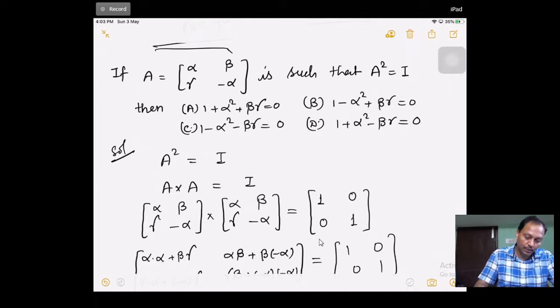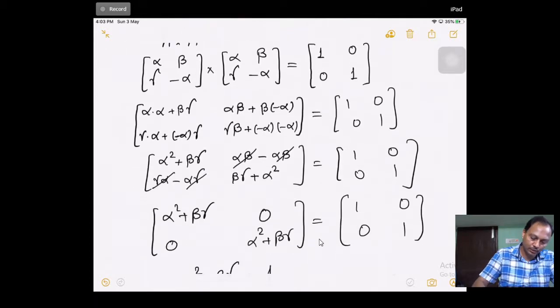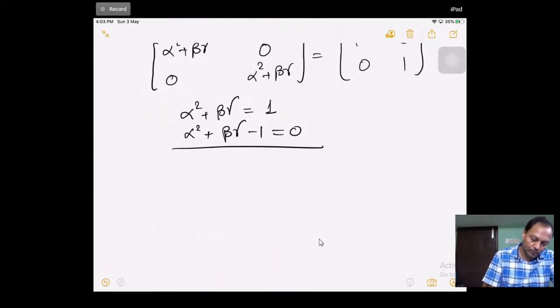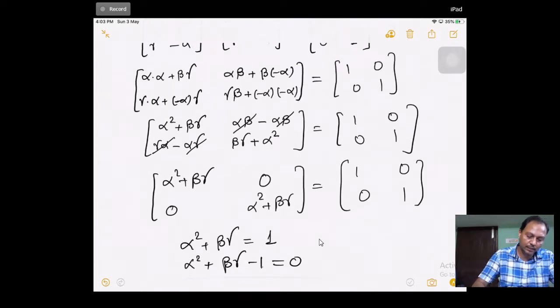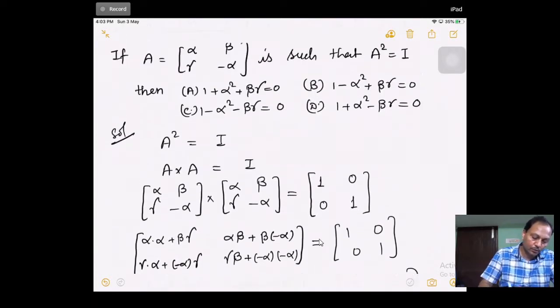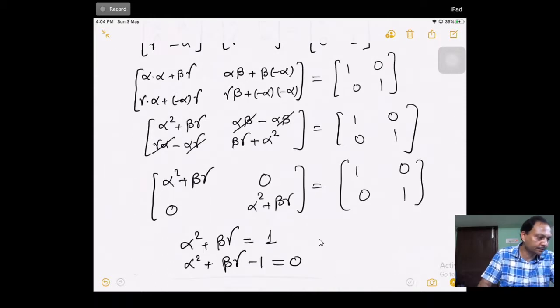But here in all the options 1 is given positive. So you can change this by multiplying by minus 1, then it will become positive: 1 minus alpha square minus beta gamma is equal to 0. So option C is correct.